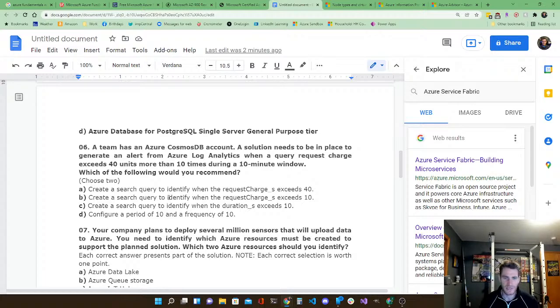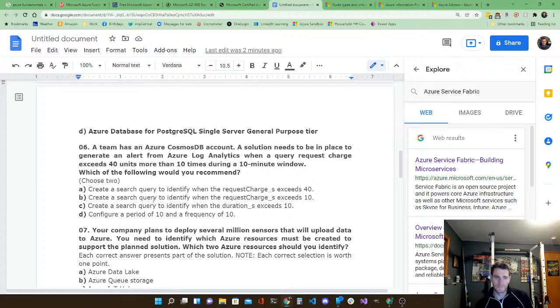Create a search query to identify... and I haven't done anything with the search queries, but Log Analytics, Azure Monitor, and Application Insights all share a similar query language that you can use to basically query data in a simplified format.